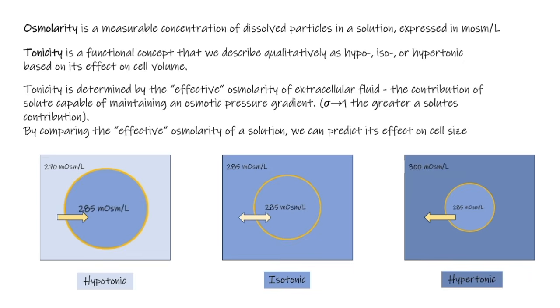If a patient is experiencing a particular condition, or if a patient receives treatment from a physician that significantly changes the effective plasma osmolarity, that will also be transmitted to the extracellular environment of our cells. As a result, it can produce substantial shifts in water either into or out of the cells. This is particularly important in organs such as the brain, where rapid changes in cell volume can have serious neurologic consequences.